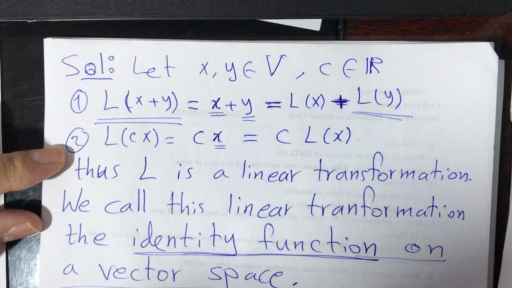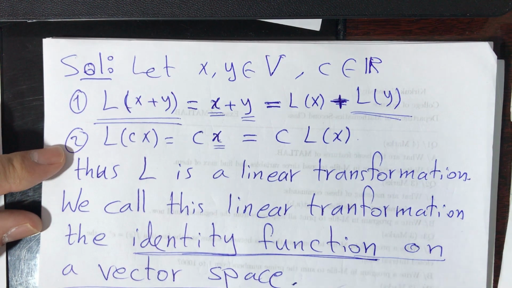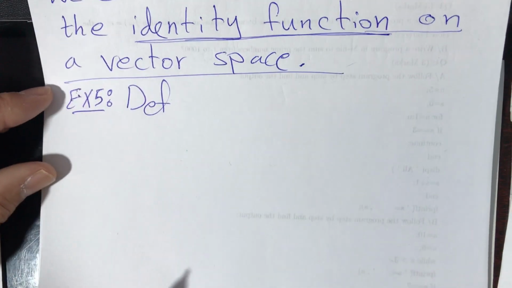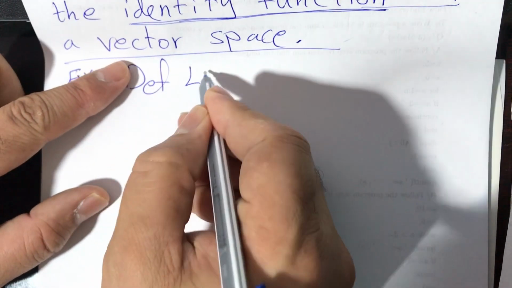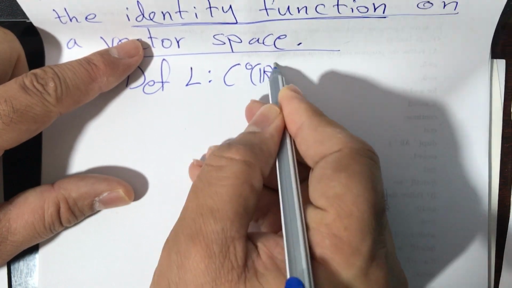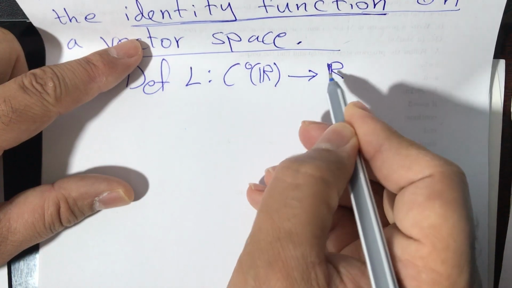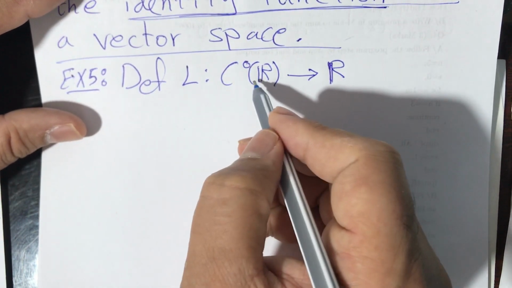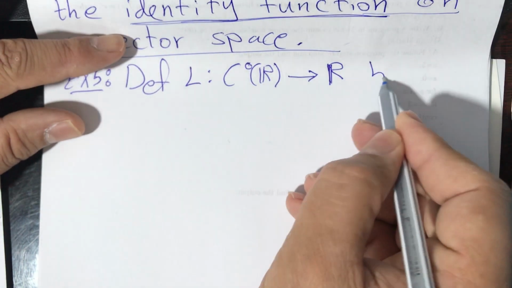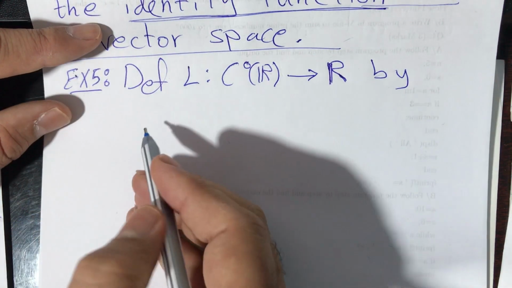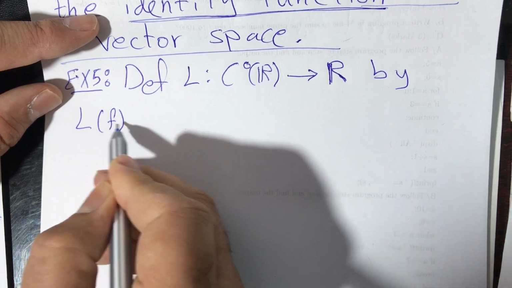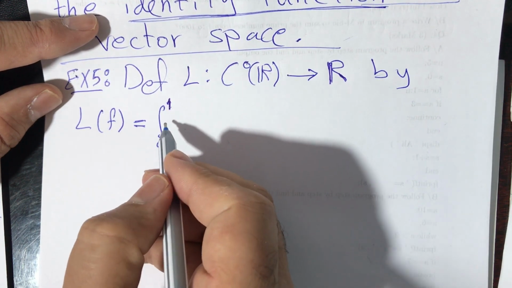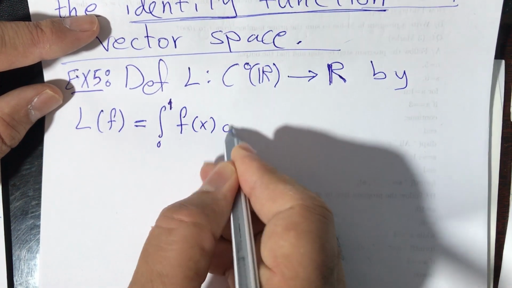Now we take another example, example 5. Define L from C0 of R into R, this is the space of integrable functions, by L of f, this function f here, is equal to the integral from 0 to 1, the definite integral, of f of x dx.